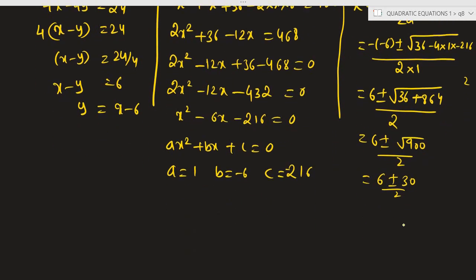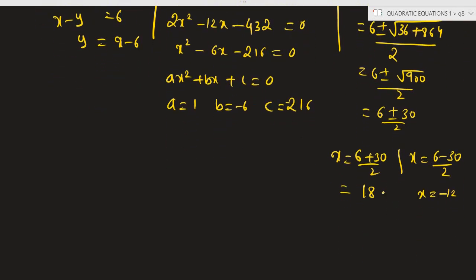So x is equal to 6 plus 30 divided by 2, or x is equal to 6 minus 30 divided by 2. That is, 36 divided by 2 is 18, or x is equal to minus 24 by 2, which is minus 12. As sides cannot be negative, the side of one square is 18 meter.